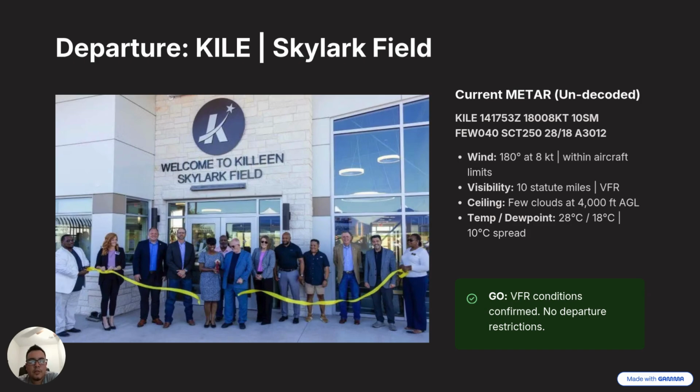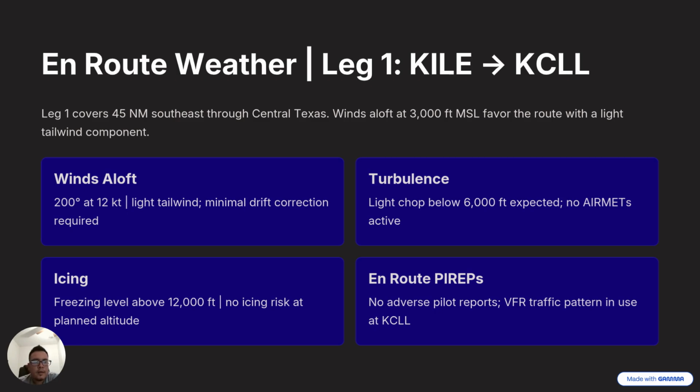The ceiling, clouds at 4,000 AGL, is fine with me as my minimum is 3,000 feet. Temperature is 28 degrees Celsius and the dew point 18 degrees Celsius, so it's not going to be super muggy or foggy. So for this leg, it's a go. The VFR conditions are all met, and we don't have any restrictions on that.